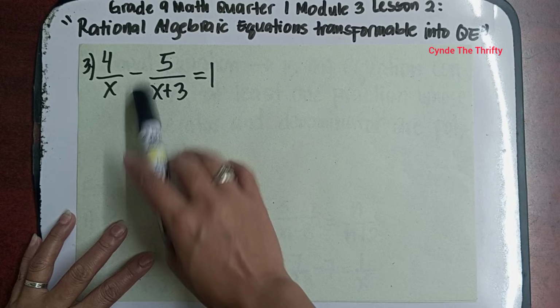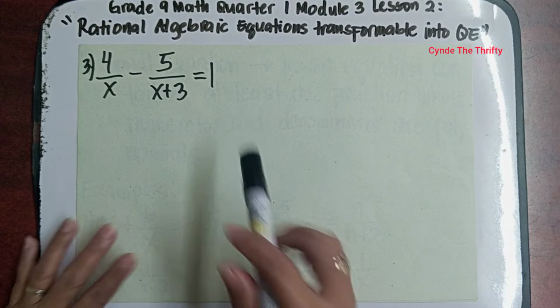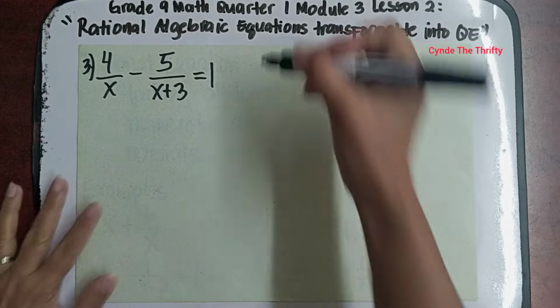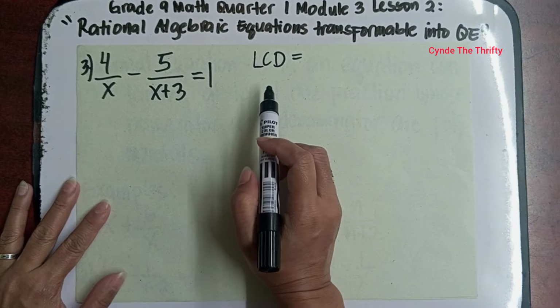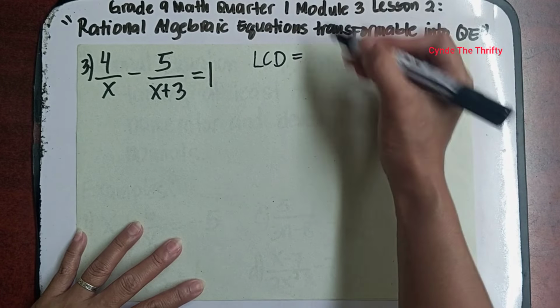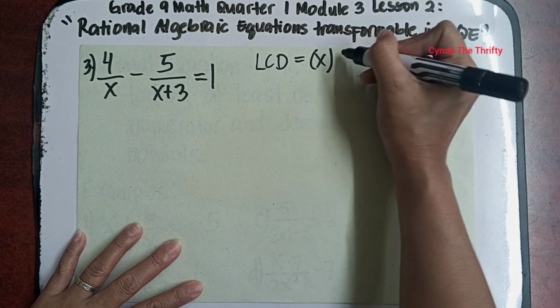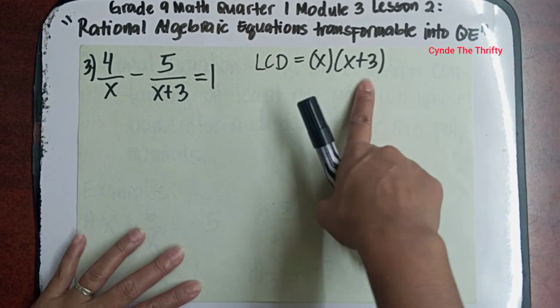Last example tayo, 4 over x minus 5 over x plus 3 is equal to 1. Again, hahanapin natin ang kanilang LCD or least common denominator. So, ang LCD nila, since meron tayong x dito and meron tayong x plus 3, so ang ating LCD is x multiplied by x plus 3. Okay? So, ito yung LCD natin.